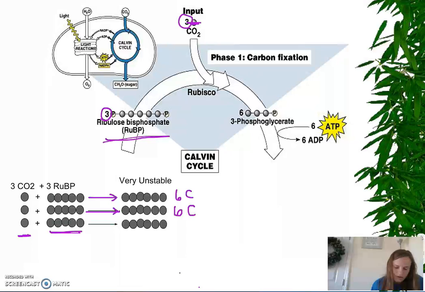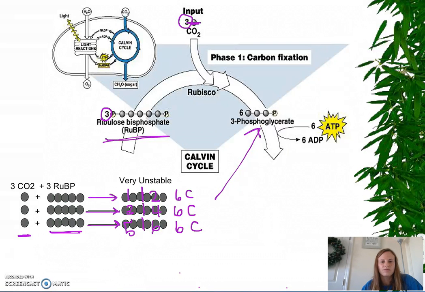When I combined my third carbon dioxide with my third ribulose bisphosphate, I made my third 6-carbon molecule. But they were very unstable, so all of those molecules split, and I got 1, 2, 3, 4, 5, 6 phosphoglycerate. So that's how I ended up with 6 phosphoglycerate after the carbon fixation phase of the Calvin cycle.